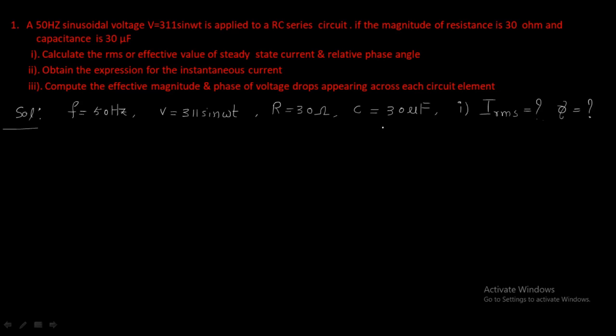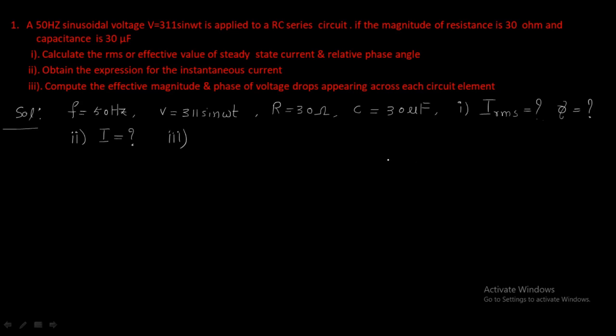The second question: obtain the expression for the instantaneous current, that means the small i value. Third, compute the effective magnitude and phase of the voltage drops appearing across each circuit element. So first draw the circuit, then it will be understood.